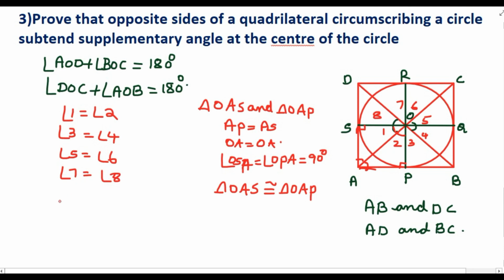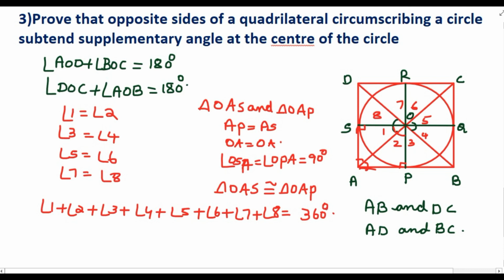Now if you add all these angles, angle 1 plus angle 2 plus angle 3 plus angle 4 plus angle 5 plus angle 6 plus angle 7 plus angle 8 is 360, because the angle at the center of the circle is the complete angle. It will be 360 degrees. Now angle 1 is equal to angle 2, so I can write 2 times angle 1.